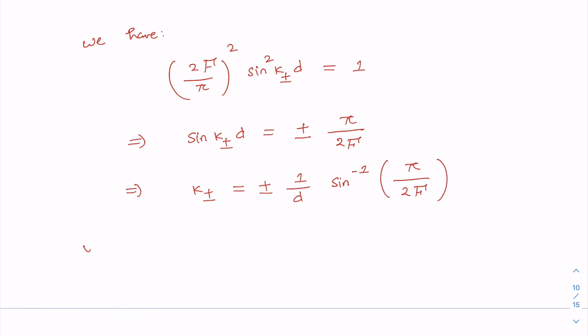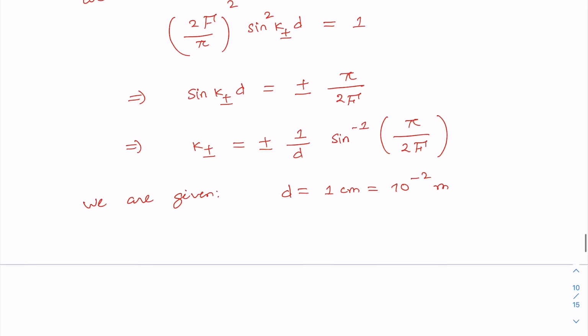Now we are given d is equal to 1 centimeter or 10 to the power minus 2 meter, and finesse we have calculated as 15,000 or 15 times 10 to the power 3.